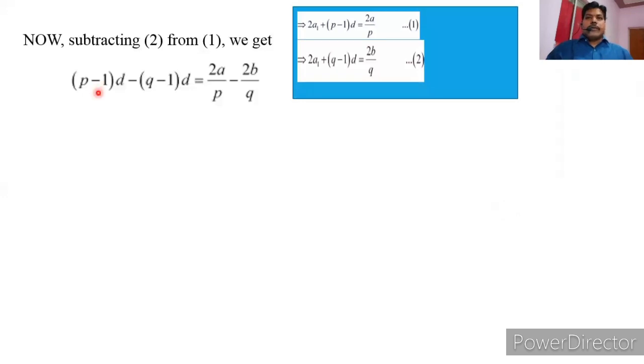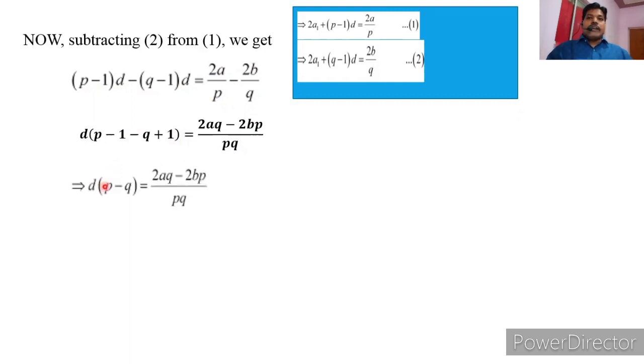In the next step, take d common from these two terms. What will you get? d into (p minus 1 minus (q minus 1)), applying the minus inside, minus q plus 1, is equal to, taking the pq LCM, 2aq minus 2bp by pq. Here minus 1 and plus 1 will be cancelled.